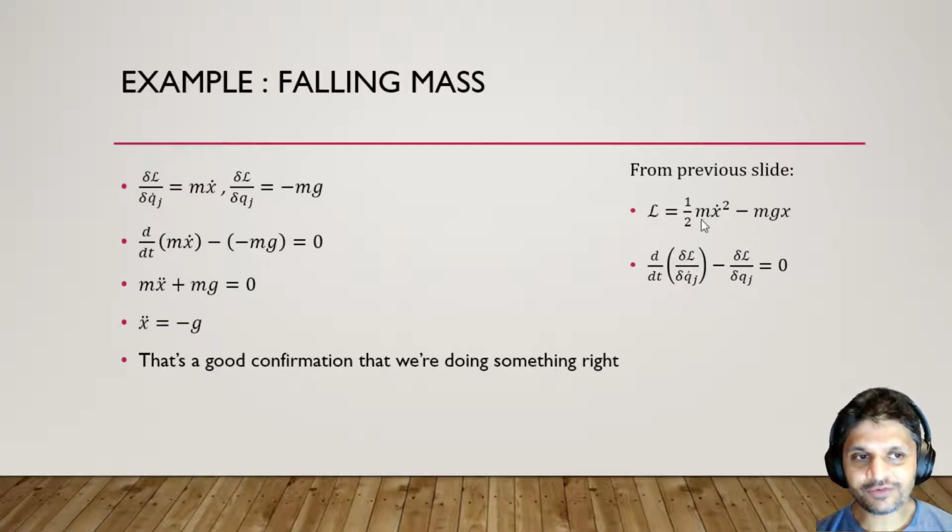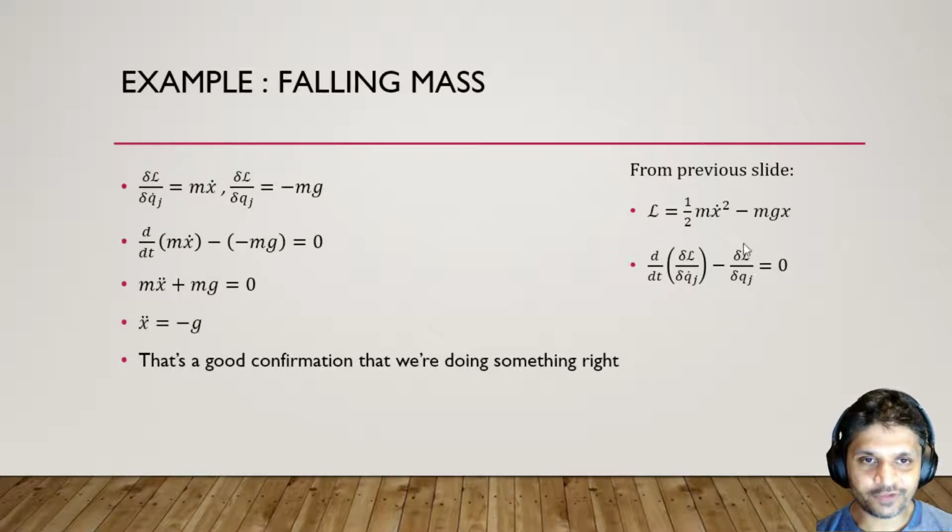Because it's a partial derivative, we can take this x dot as the variable, and when we take the derivative, we get m x dot. It's half m x dot squared, and x dot is our variable, so we end up with m x dot. For this other term, there's no x dot in it, so the whole thing is just a constant, and we end up with zero. So the whole partial derivative becomes m x dot.